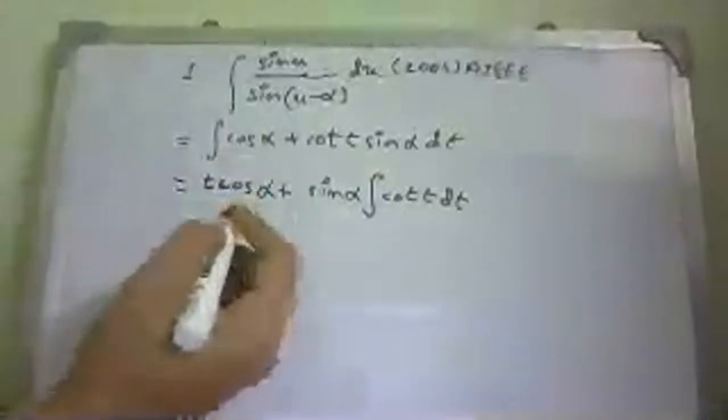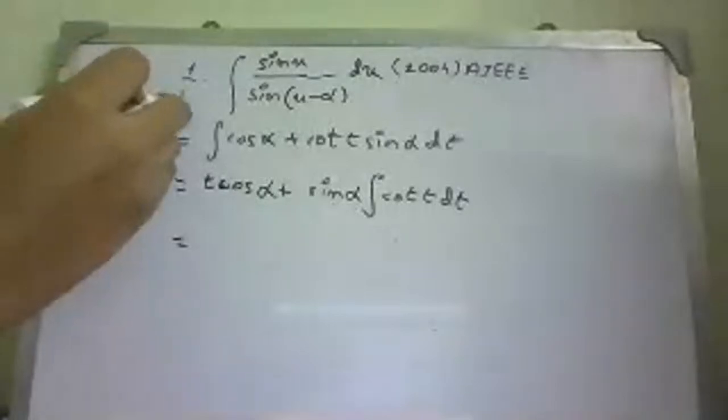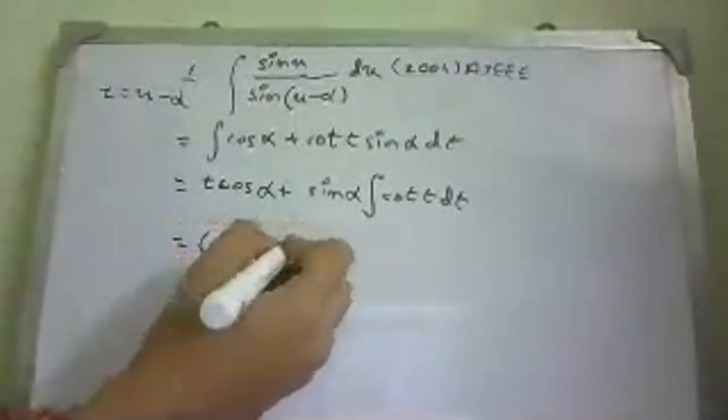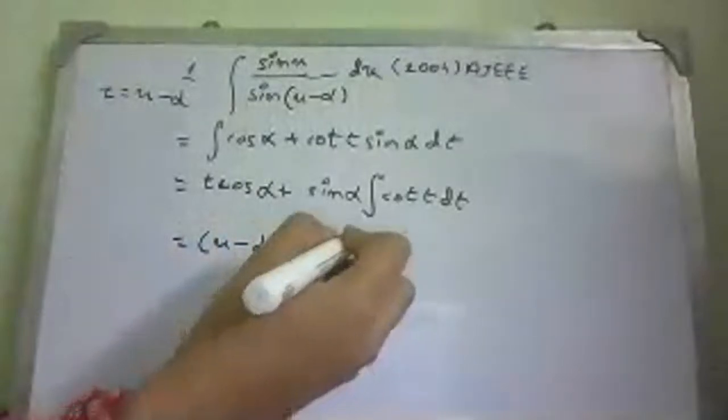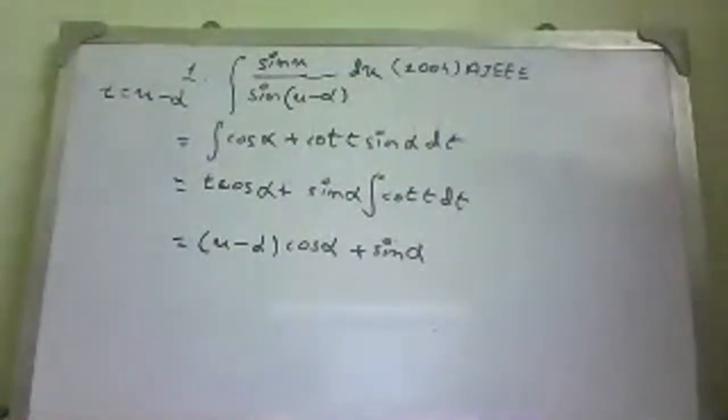So t cos alpha. So what is t? Actually, we had assumed that t is x minus alpha. So we have (x minus alpha) times cos alpha plus sine alpha times the integral of cot t. And what is the integral of cot t?